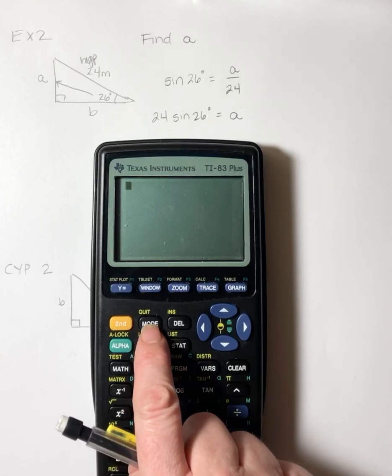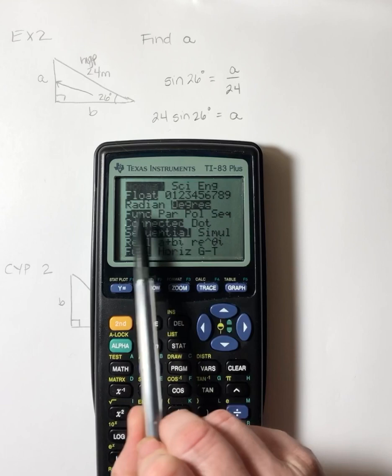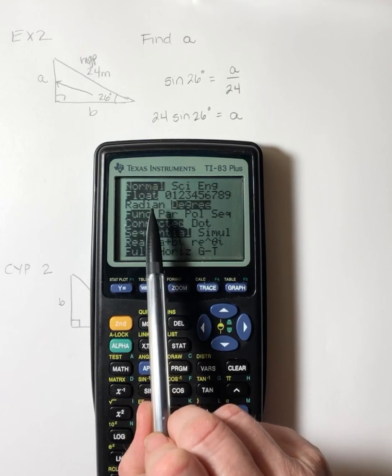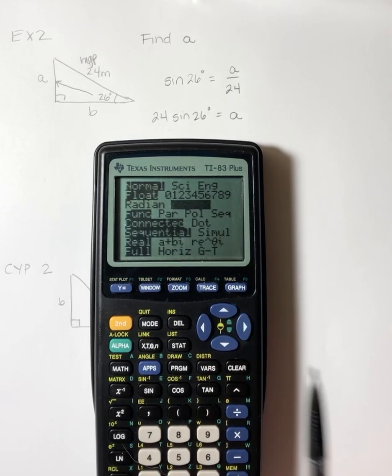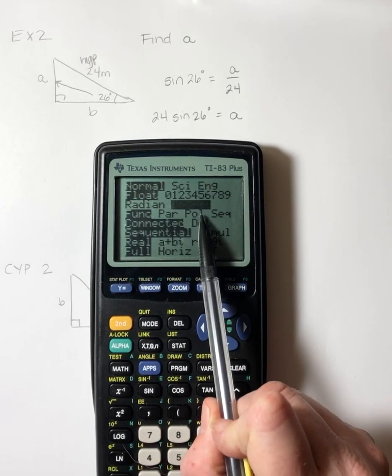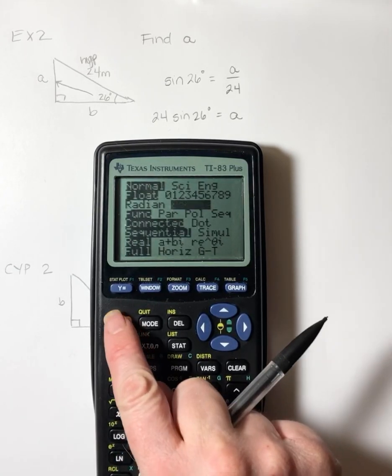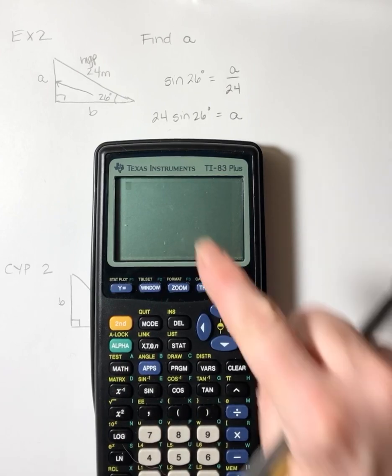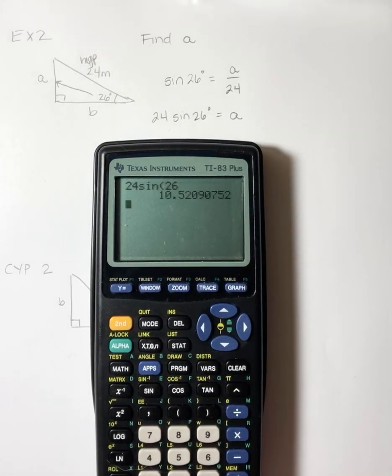So underneath your mode key right here, third one down, there's radians and degrees. And the tricky part is the default on the calculator is radian mode. So you need to come down here and make sure that degree is chosen. Otherwise, it's going to do everything in radians and you're going to get all your answers wrong, okay? So mine is in degree mode, so I can type 24 times the sine of 26 in my calculator.